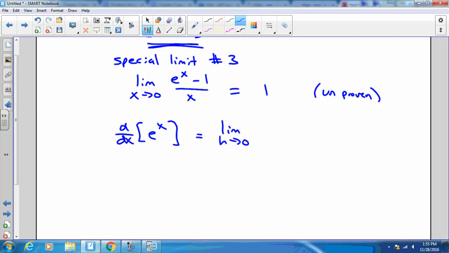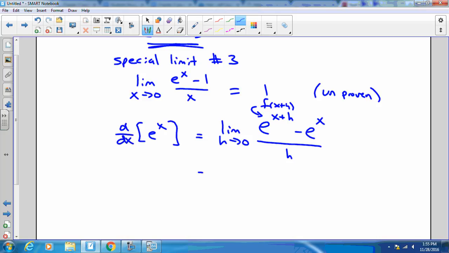The limit, as h goes to 0, of e to the x plus h minus e to the x all over h. Take a minute there, check that we have our difference quotient, f of x plus h minus f of x all over h, as h goes to 0. Yes, exactly. So notice that the argument, x plus h, is found right here.